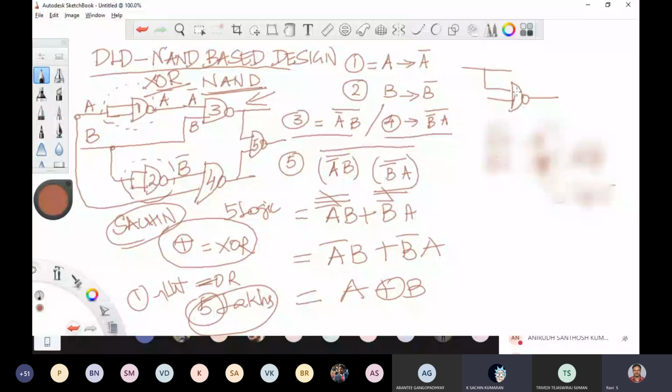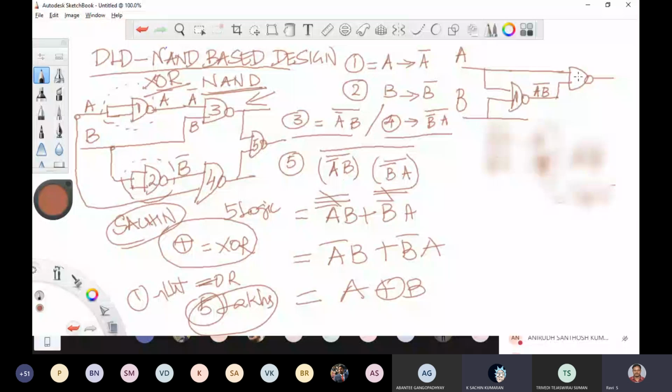I'm passing this AB whole bar into one more NAND, number 2. Again AB bar I'm connecting to number 3. Then 2 and 3 are connected to one more NAND, which I put as number 4. So she is telling that only 4 lakhs is sufficient for implementing exclusive OR.